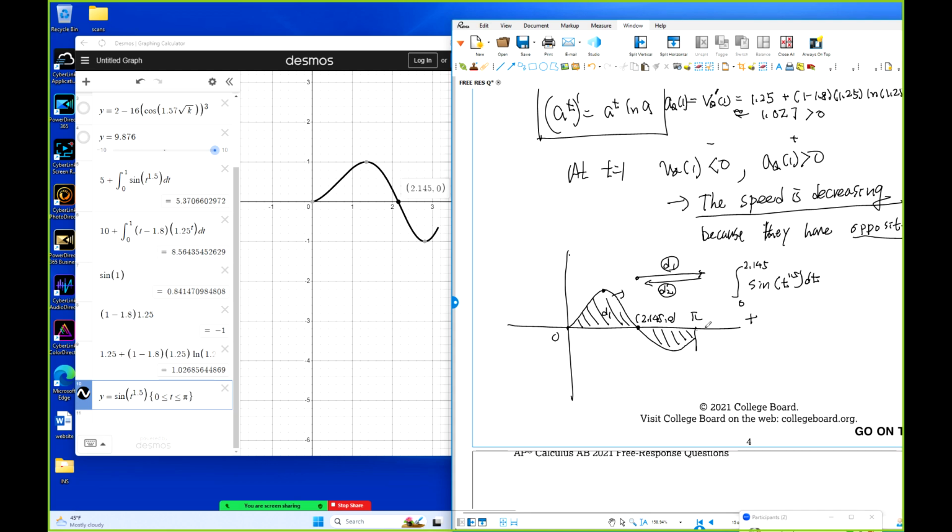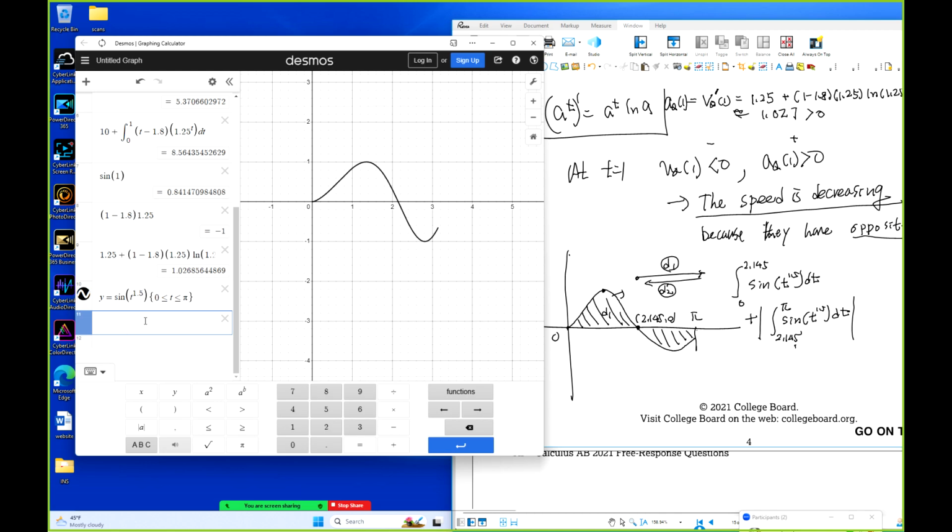Plus, the next one is a minus of it, so we make it positive using absolute value, from 2.145 to pi of sine t to the 1.5 dt. This one is the absolute value because the number inside is negative. Now we solve this one.